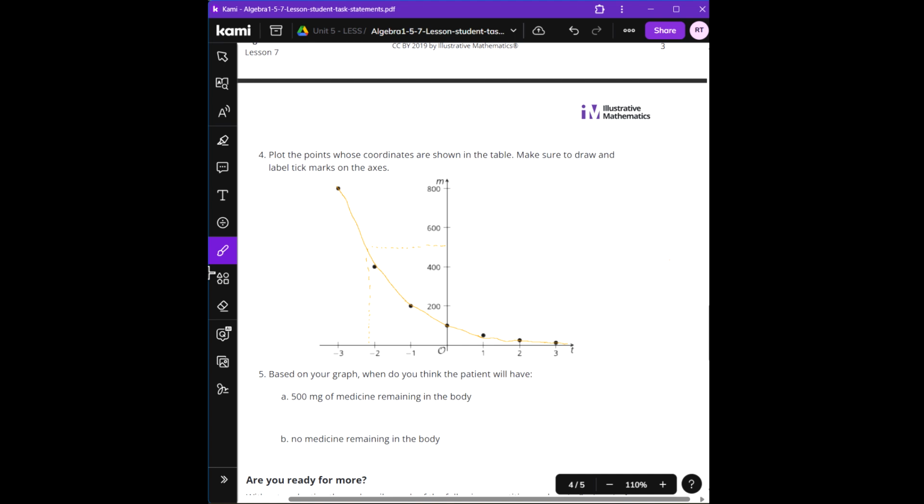So what we can say here is this will be between 2 and 3 hours before the first blood test. And then what do we think about no medicine?